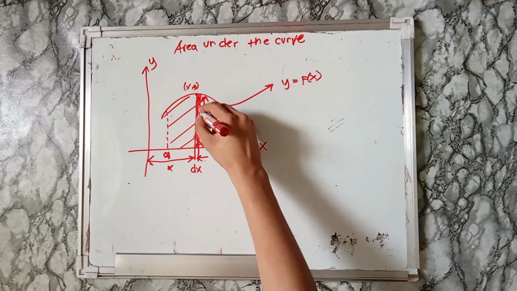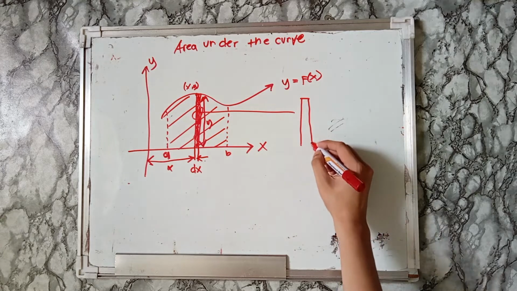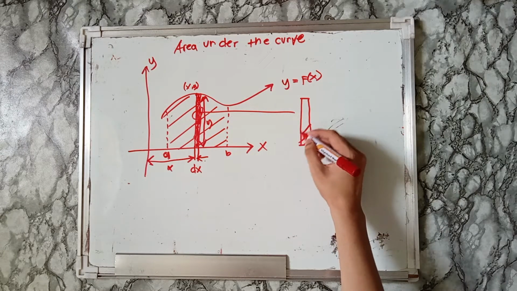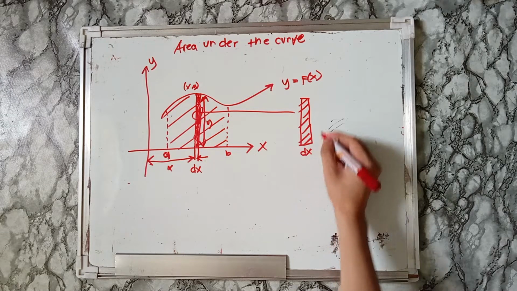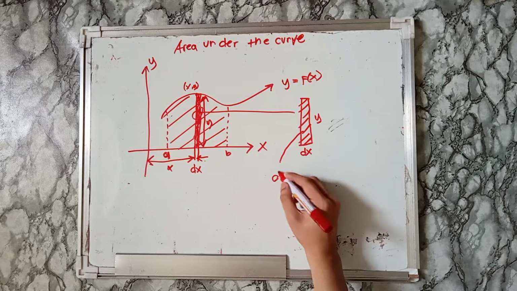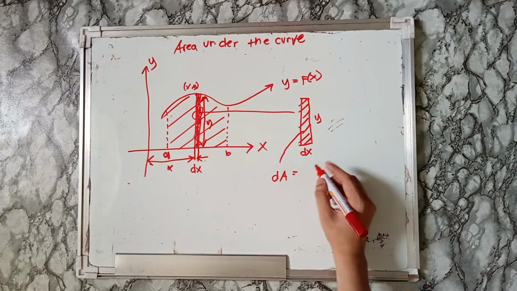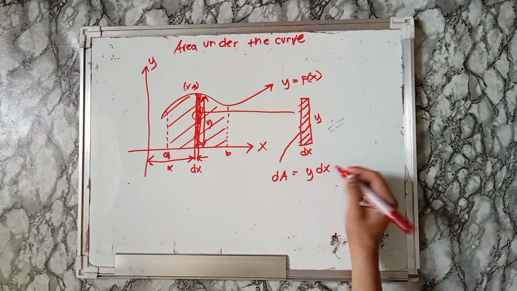Now if we take this out, this is our dx and this is our y, right? Now if we solve for our differential area, this is just going to be y times dx.